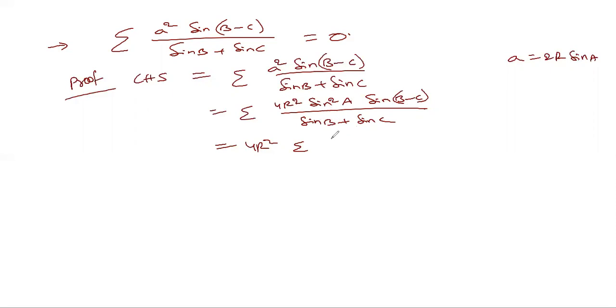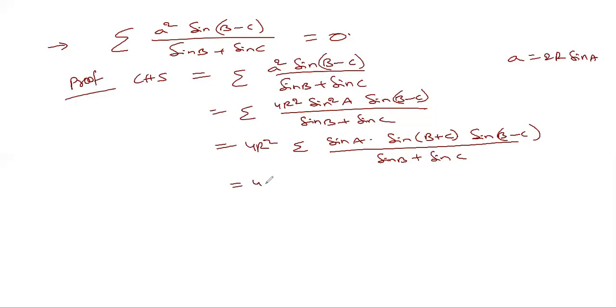We can write sin²A as sin A × sin A. Actually I can write sin A as sin(B + C). Already we have explained so many times about that, so once go through that. Into sin(B − C) divided by (sin B + sin C).